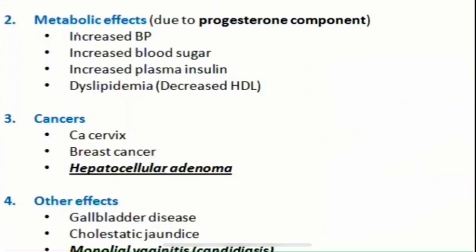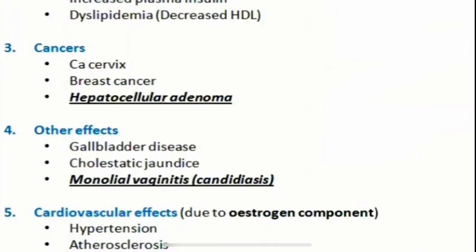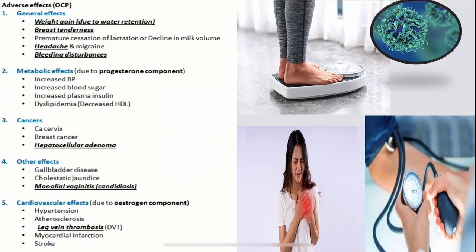Metabolic effects. In cases of metabolic effects due to the progesterone component, we have increased BP, increased blood sugar, and increased plasma insulin. We also have dyslipidemia because of decreased HDL. In cases of cancers, we have CA cervix, breast cancers, and hepatocellular adenoma.